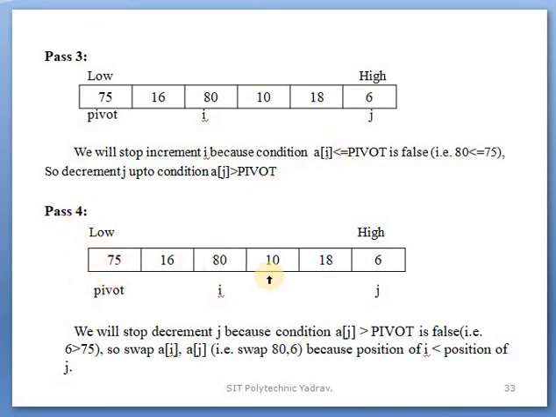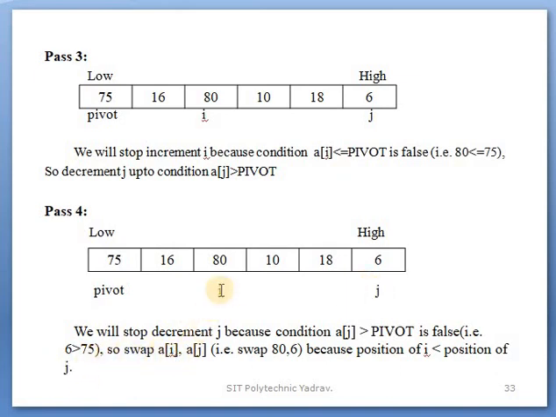Then next, pass number 4. In that, we stop the decrement of j because the condition a of j greater than pivot is false, that is 6 is greater than 75, the condition is not true, so we do not decrement j.